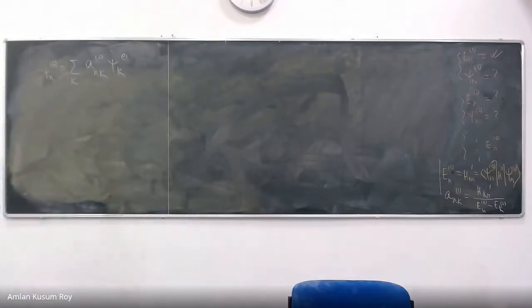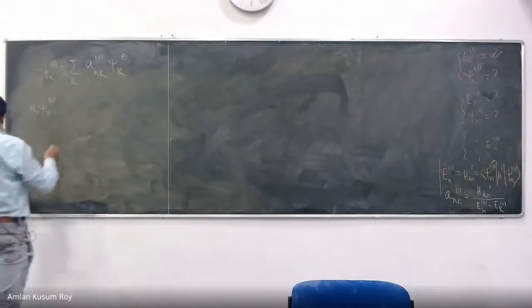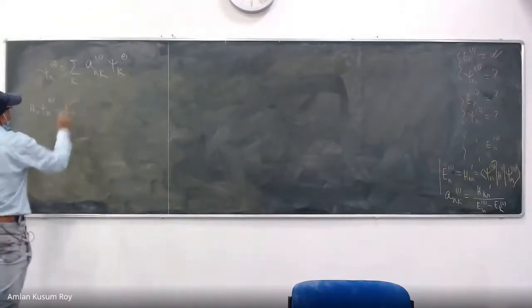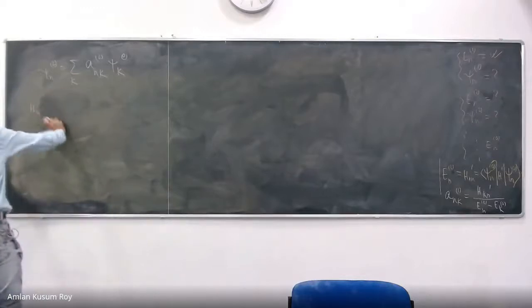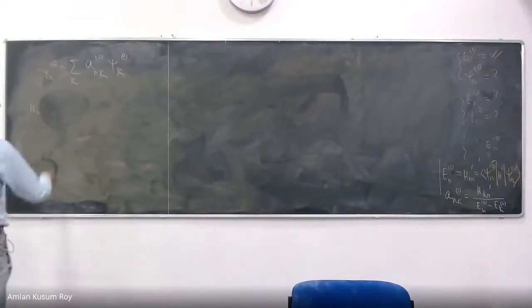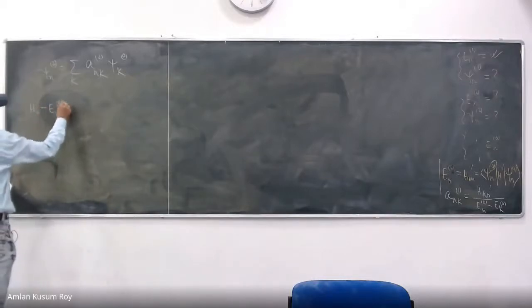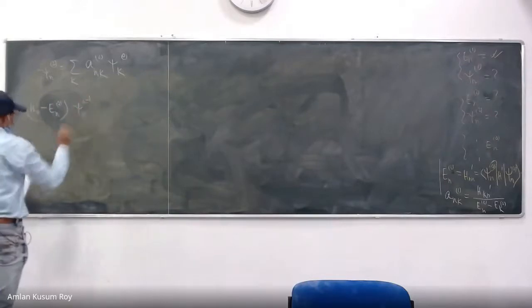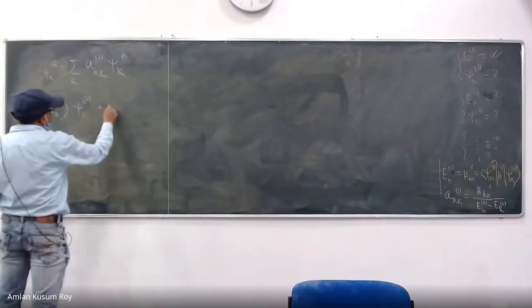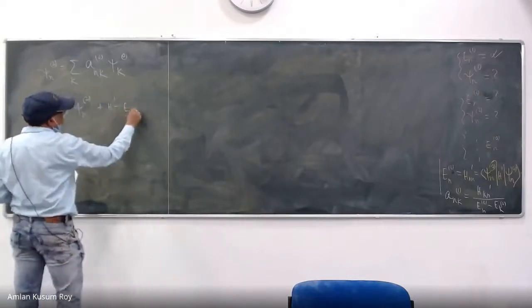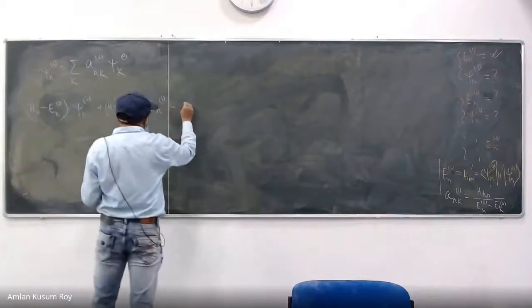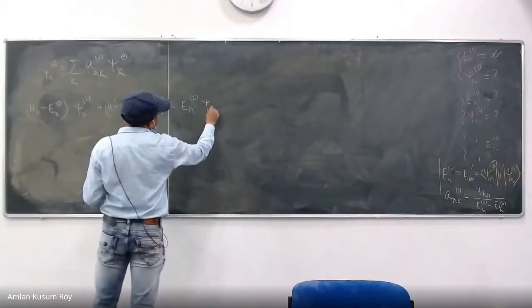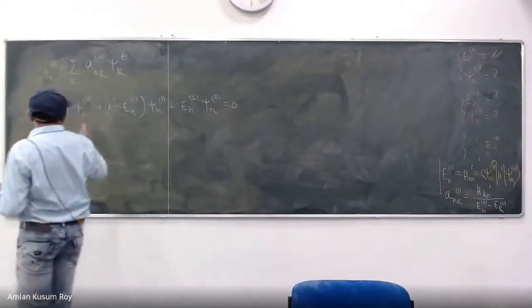I am going to use this expansion in the second order equation, which is (H0 minus E_n^0) psi_n^(2) plus (H' minus E_n^(1)) psi_n^(1) minus E_n^(2) psi_n^0, which is equal to 0.